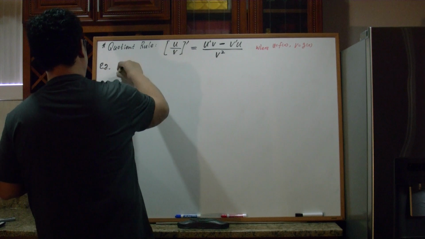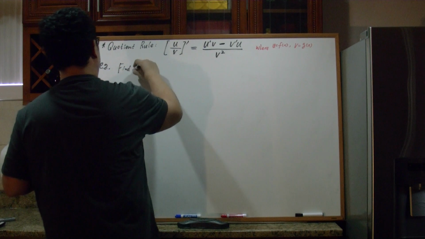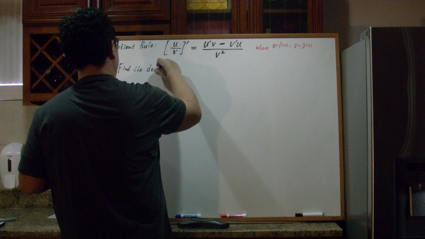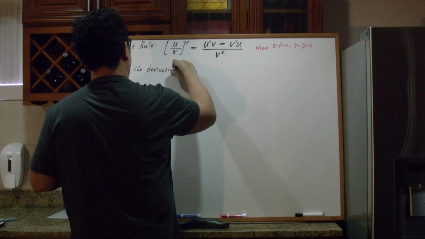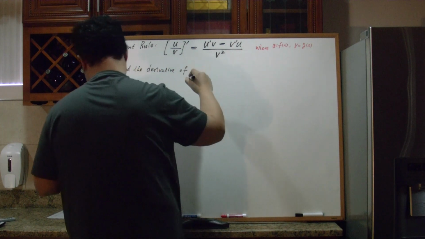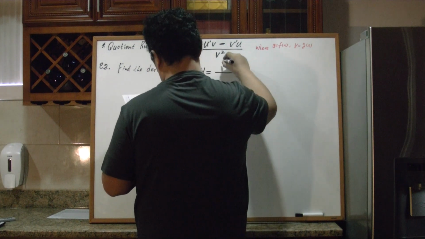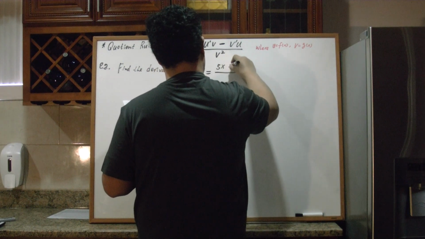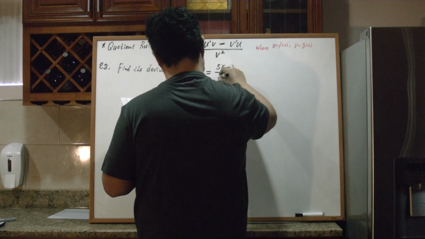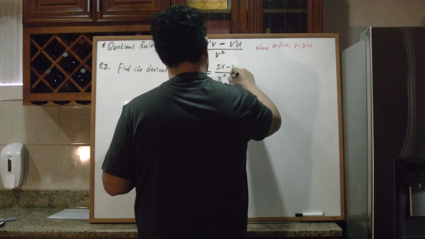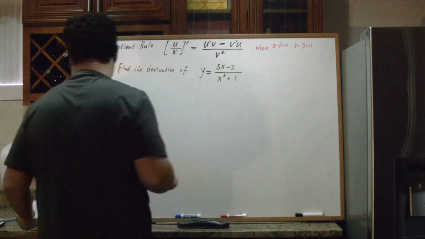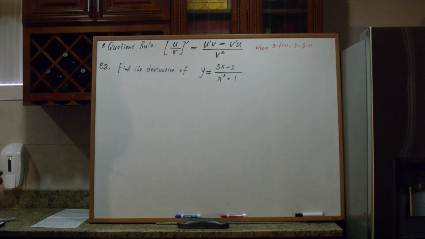Let's see an example. Find the derivative of y equal to (5x minus 2) over (x squared plus 1). That is a rational expression.